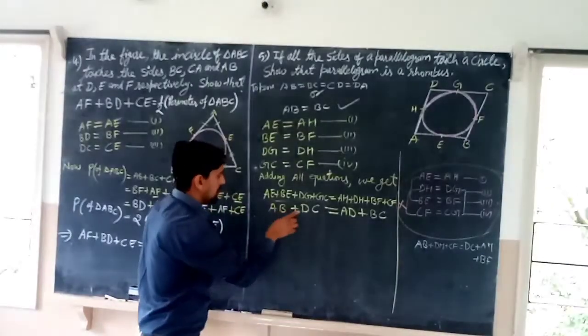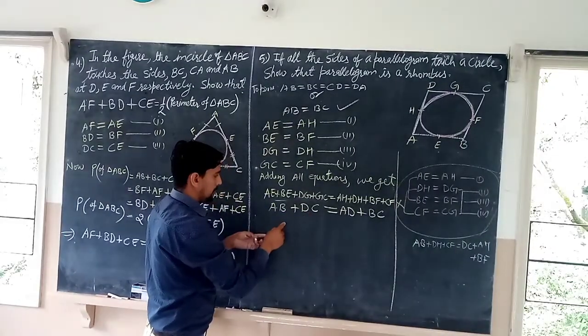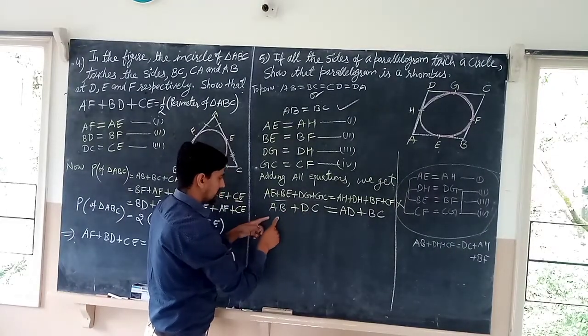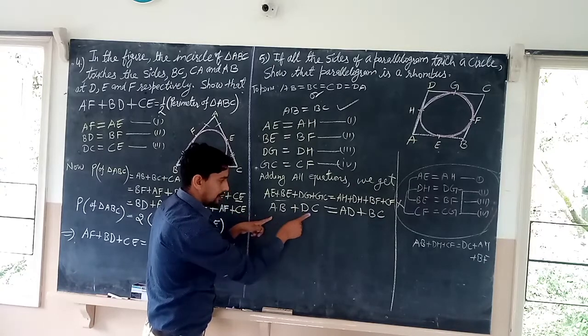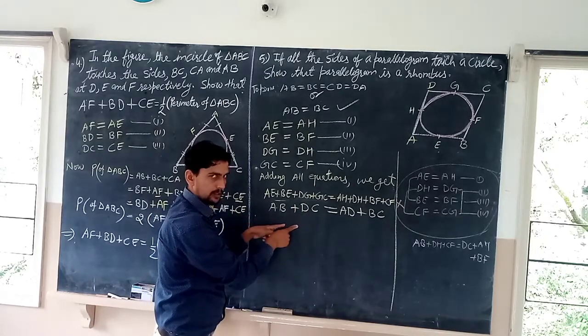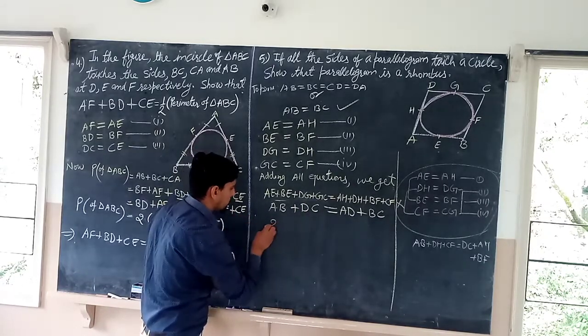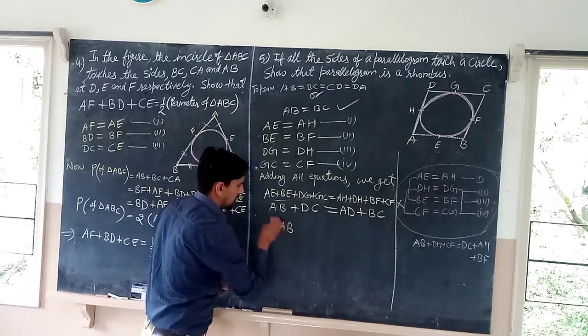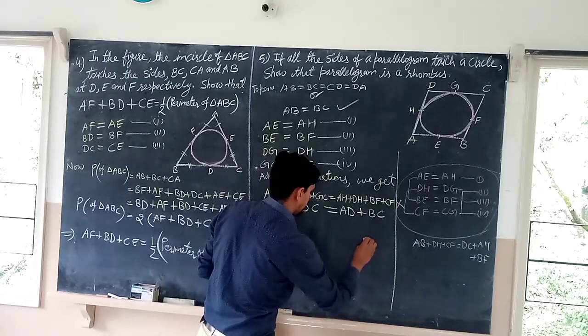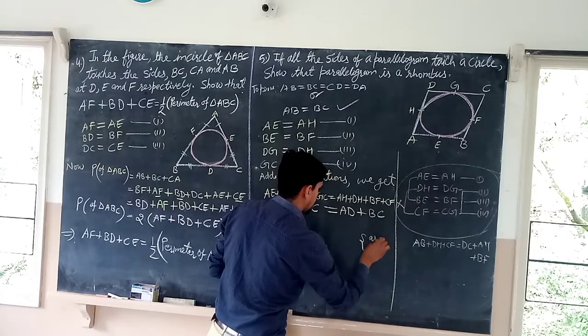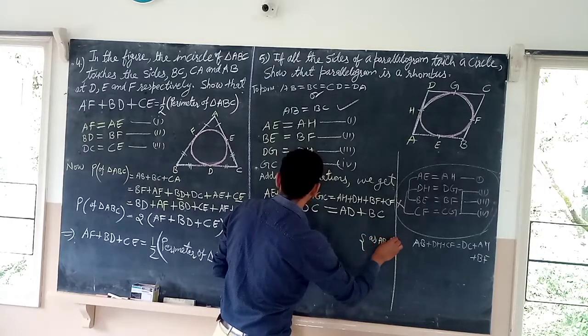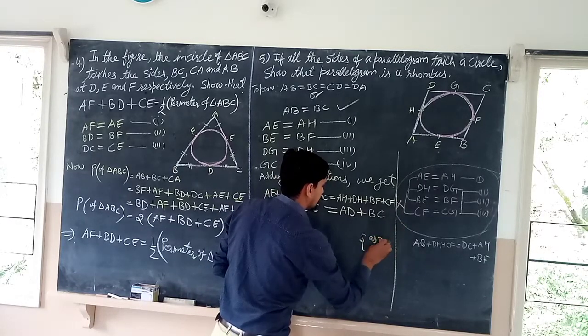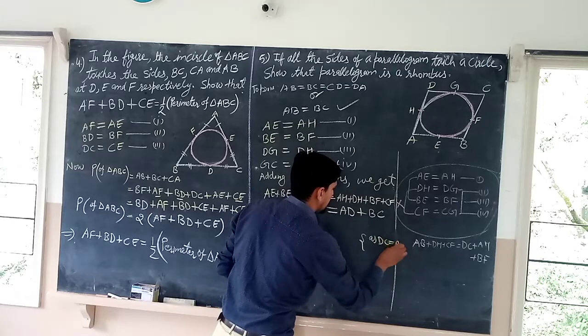That means AB plus DC is equal to AD plus BC. That means I can write either 2 times AB or 2 times DC. Right? So I will write here 2 times AB, as the reason is DC is equal to AB.